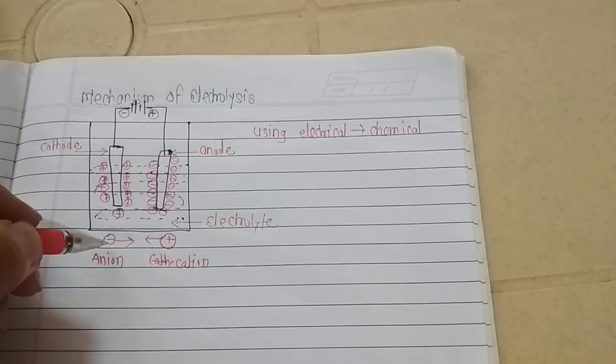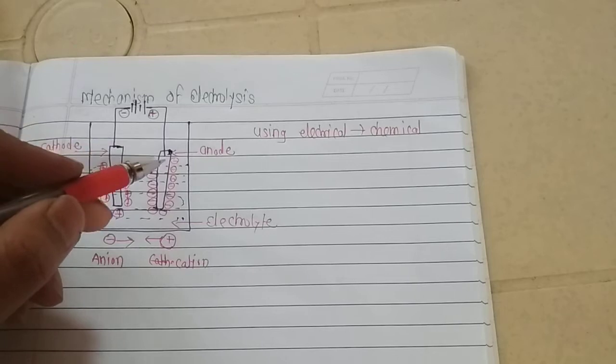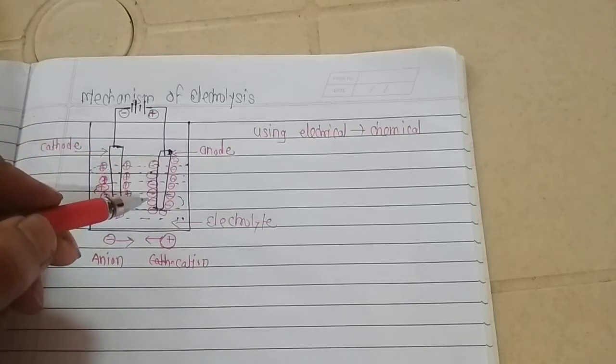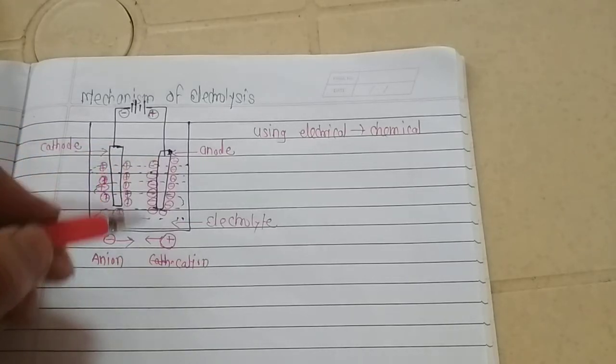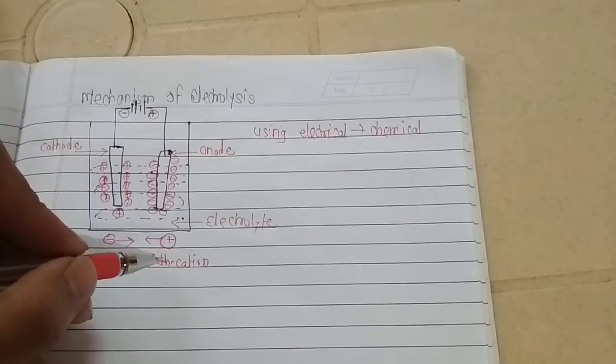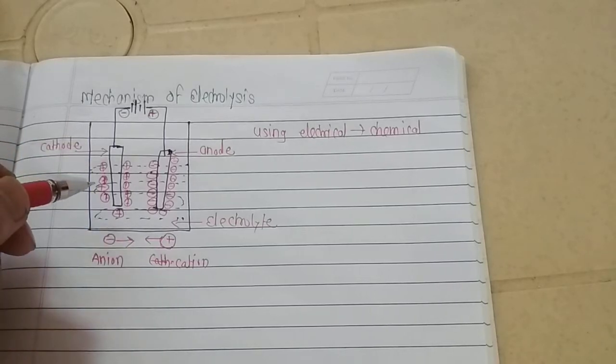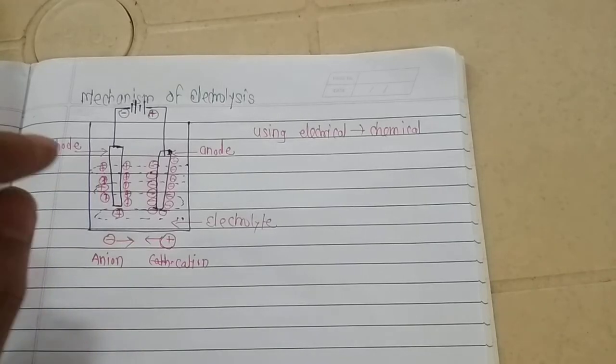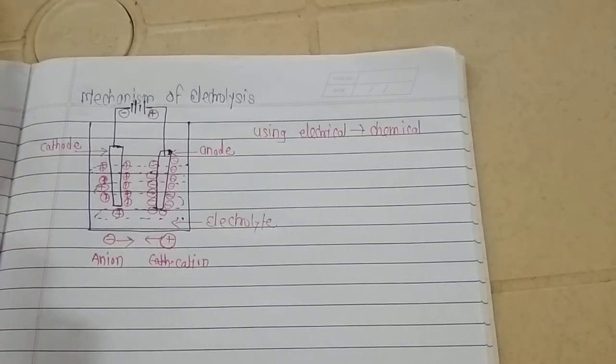The negatively charged anions go towards the positive terminal, the anode, and the positively charged cations go to the negative terminal, the cathode. In this way chemical decomposition takes place. The electrolyte must be in a fused state or in a liquid state.